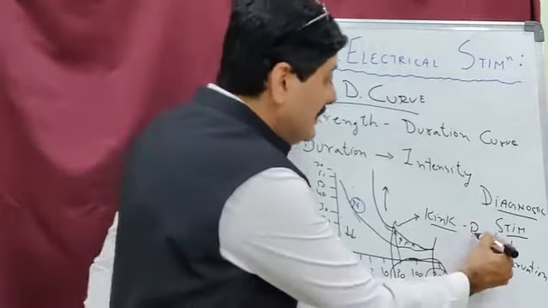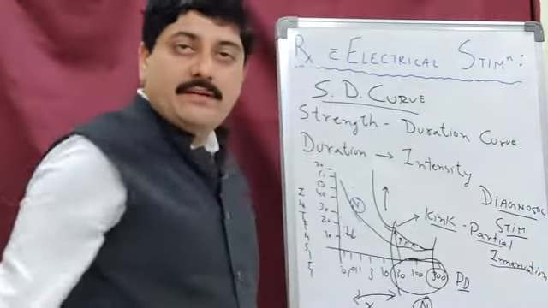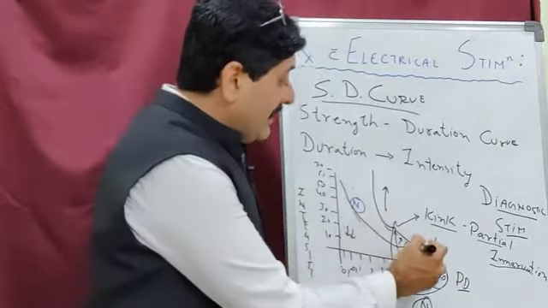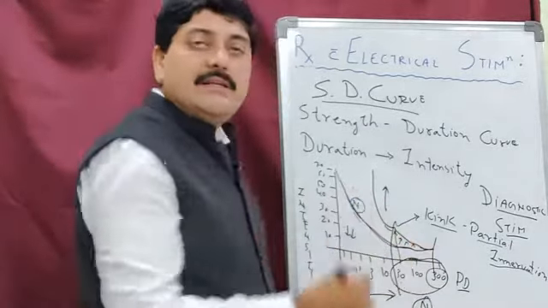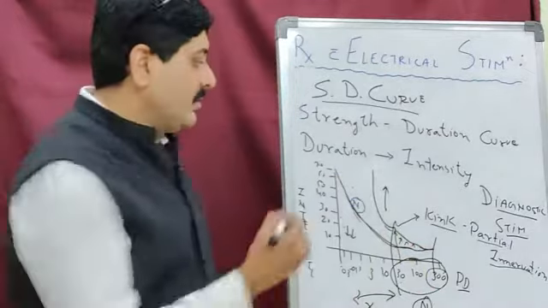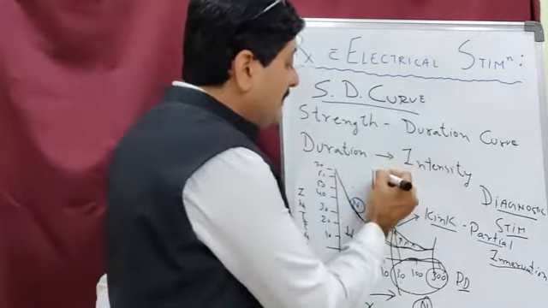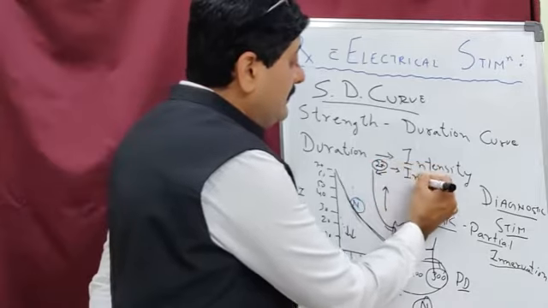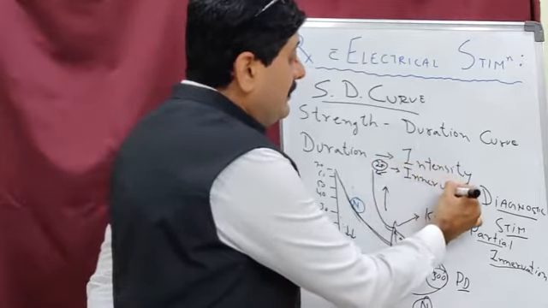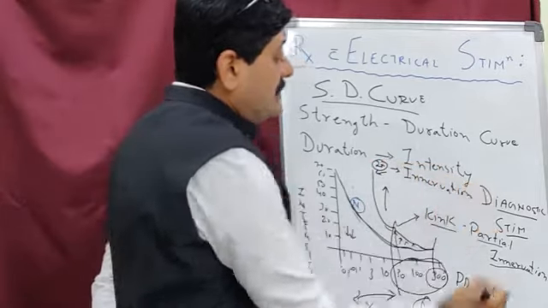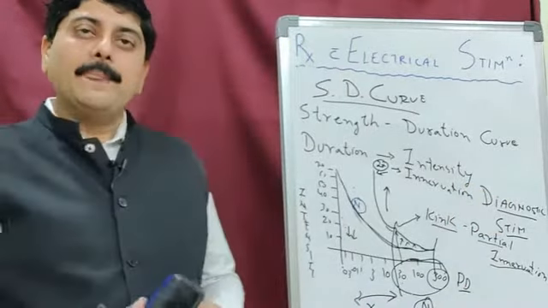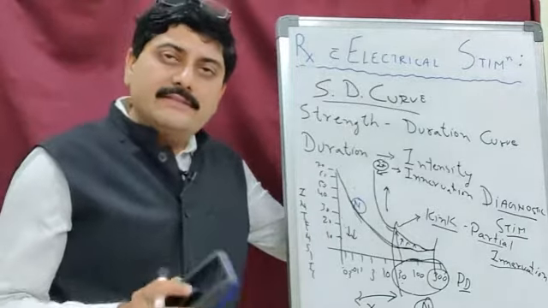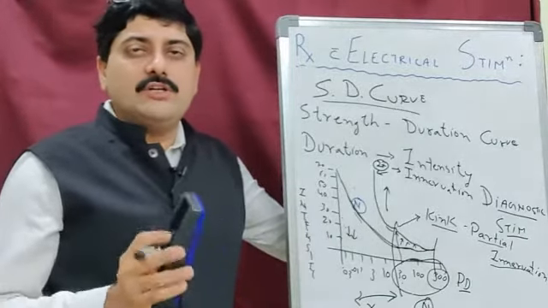That means the muscle is partially innervated. And if the muscle is completely innervated, then we get the normal curvature that you can see over here. So as the curve shifts toward left, it shows the innervation.